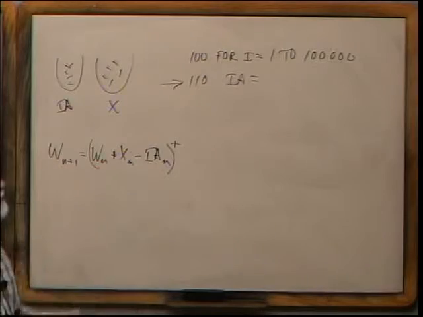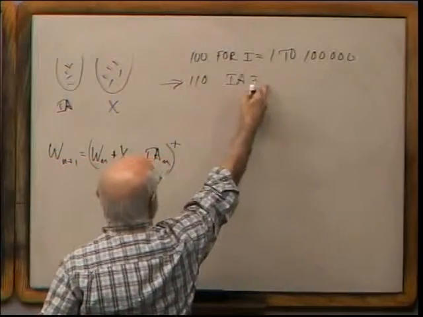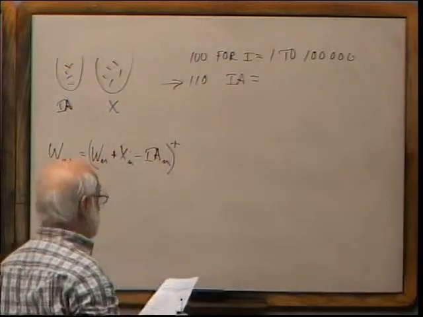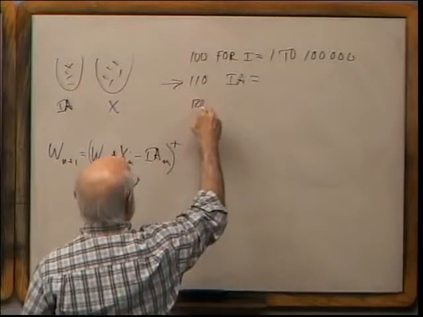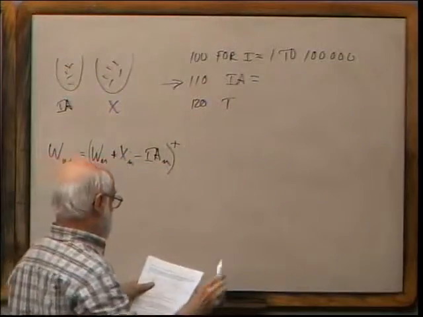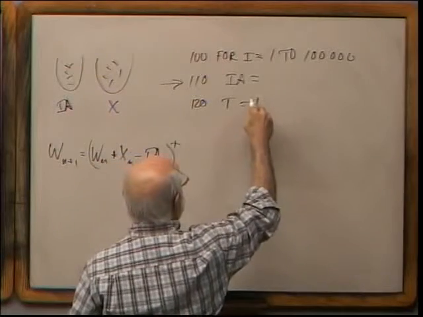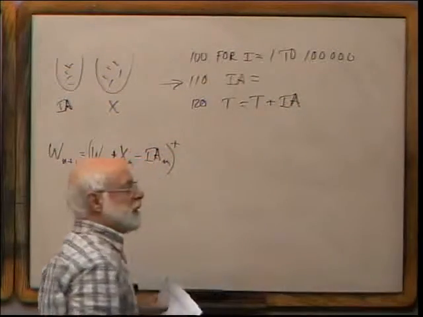Okay, so we'll get back to that, but now they have to write the instruction that pulls the ticket out of the inter-arrival time urn. Statement number 120: the current arrival time, t, is equal to the previous arrival time plus the inter-arrival time that I just generated. So this is my clock.